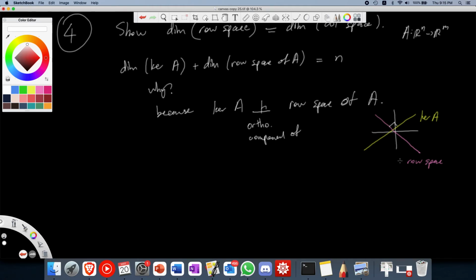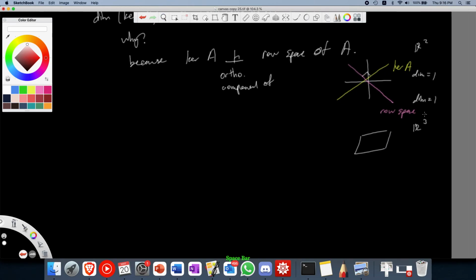So in the case where we have a 3D world, if we live in R3, let's say this is R2, then the dimension of the kernel of A equals 1, the dimension of the row space equals 1, and you add up, you get 2.